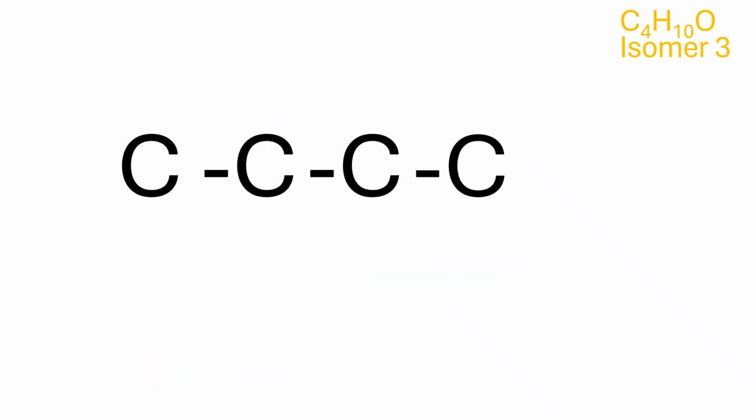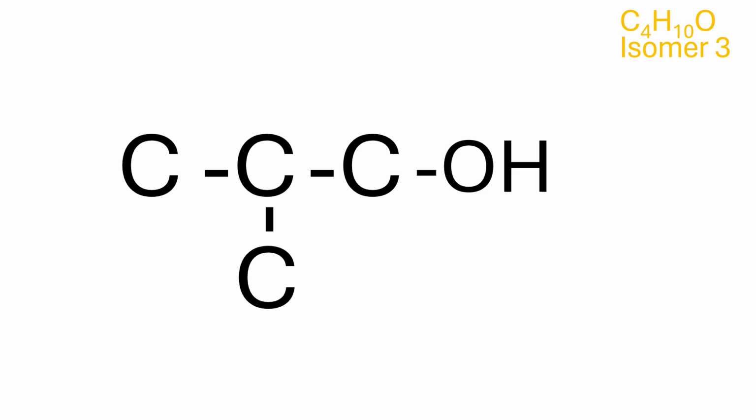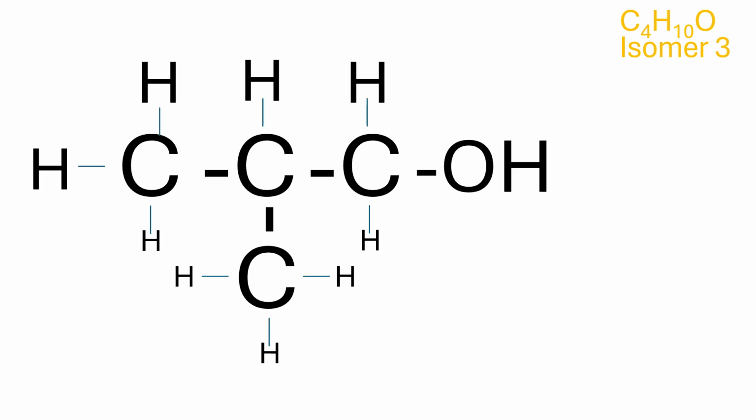Let's add a little twist in the next structure. Instead of having 4 carbons in the main chain, we can shorten the main chain by making one of the carbons a side chain. An OH group can be positioned here with 10 hydrogens in the structure. And counting from the side that's closer to the OH group, starting with 1, 2, 3, which only shows 3 carbons in the main backbone, and having the OH group coming off the first carbon, the backbone will be called propan-1-ol.